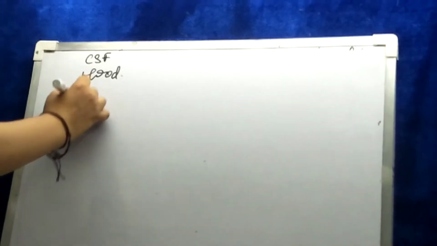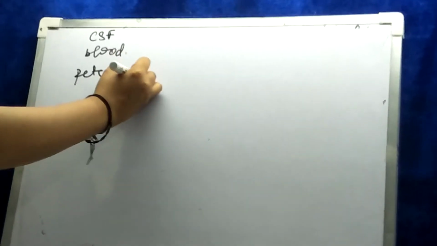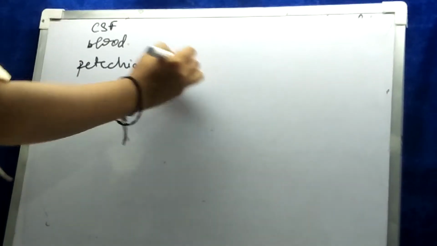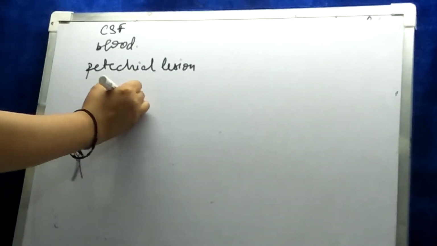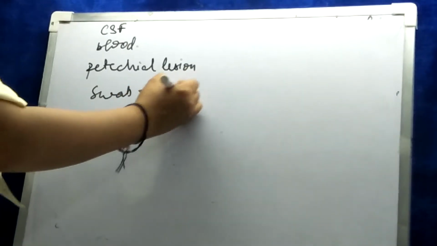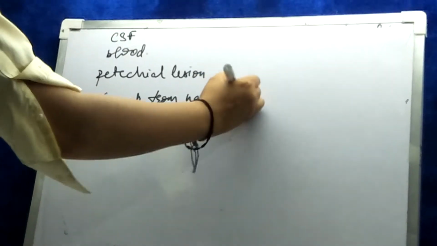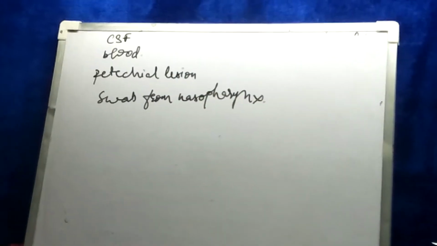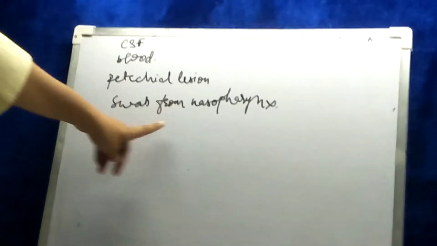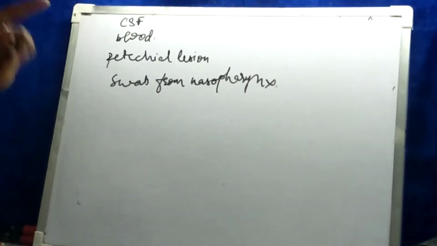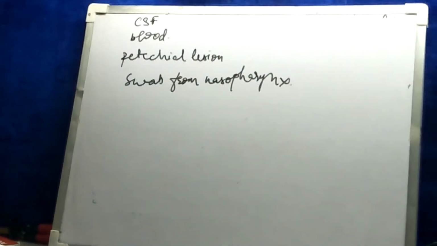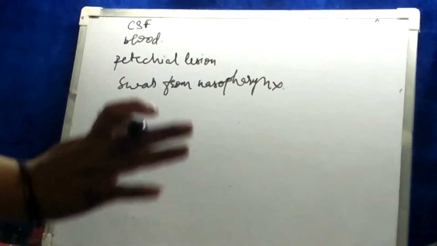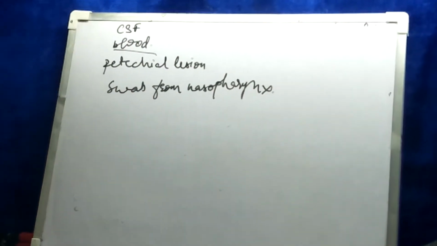Others are petechial lesions and swab from nasopharynx. Swab from nasopharynx is important for detecting the carriers of the disease. Collection is done by lumbar puncture, and venipuncture for the blood.